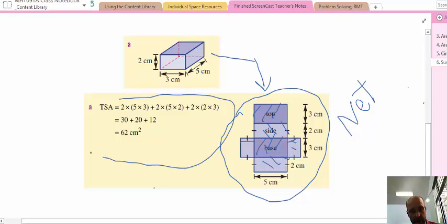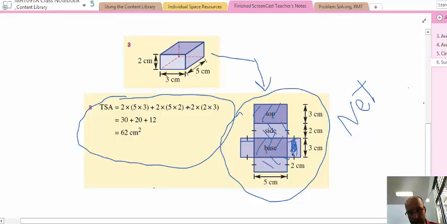So here is the working for it. The total surface area of the shape is 2 lots of 5 times 3, and that's the top and the bottom. It's 2 lots of 5 times 2 added on to that, and added on to that is 2 lots of 2 by 3.